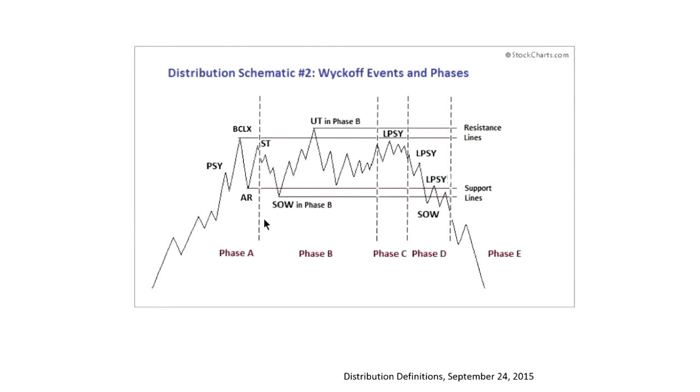Phase B is where, and this is the narrative that we tell ourselves, the composite operator, the really smart, really big money, is using this phase B area, which is just this very volatile sideways trading area, to systematically distribute the stock that they were long all the way up. And so they're using this period in here to carefully, stealthily sell the stock, because this is the place that they have decided to release these shares to the public and to other lesser institutions.